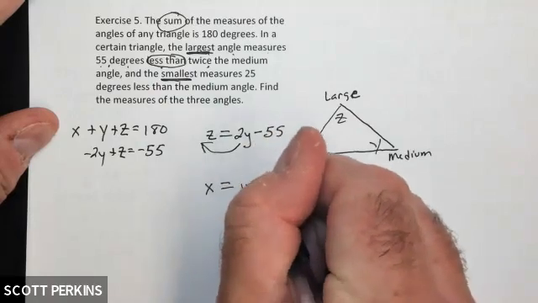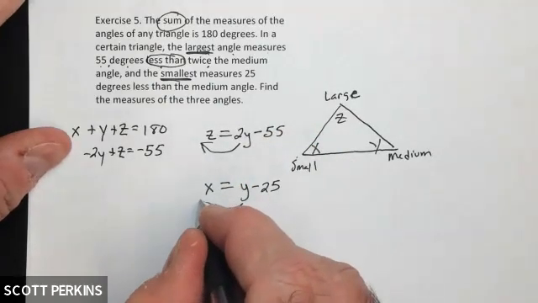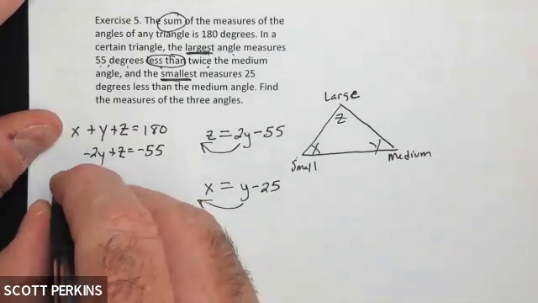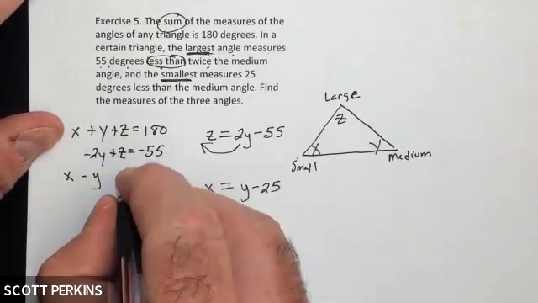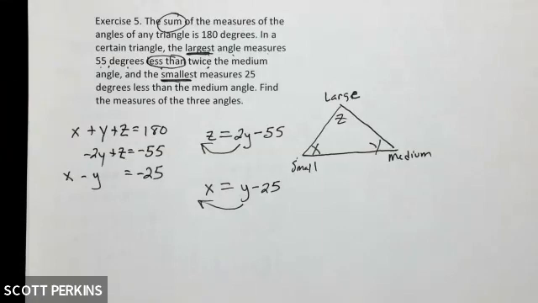Y minus 25. And so again, I'm going to take that y, I'm going to bring it over to the other side by subtracting it and have x minus y is equal to negative 25. And there's my system of equations that I would use to figure out the measures of the angles of that triangle.